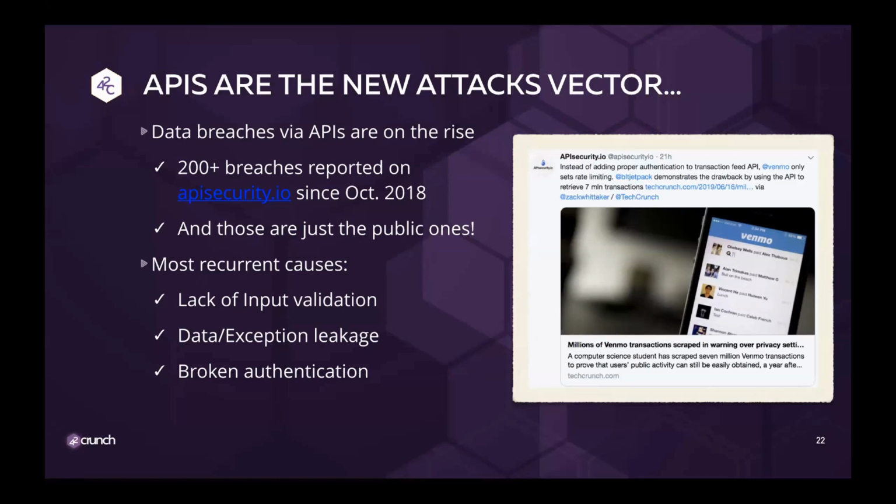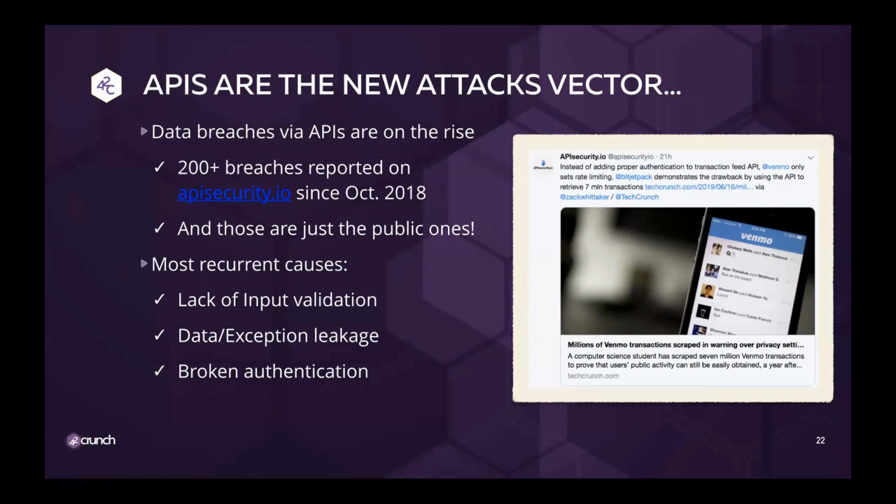That could be just leaking some data we shouldn't leak, like this example I'm showing here on the right of a lot of information being leaked through an API for the Venmo application in the US, or it can be that because we've been sending wrong information to the API, this API is not handling that information and exceptions properly and starts leaking key information about the implementation of the API itself, right?